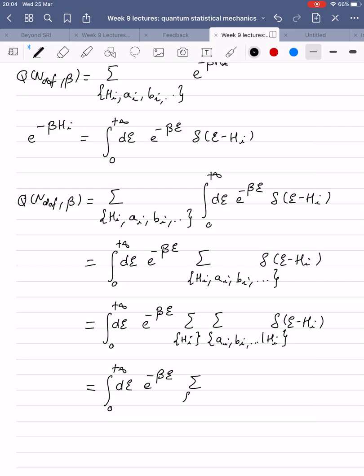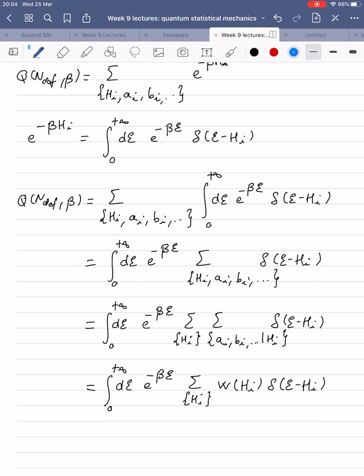And in the end, I end up with the following thing: the integral from 0 to plus infinity d epsilon exponential minus beta epsilon, sum over H_i, and this quantity here is actually W of H_i, right? Because this corresponds to the sum over all possible states which have the value H_i. So this is a sum, in fact, of W of H_i itself, and then delta of epsilon minus H_i. But you see that it has the form that I want.